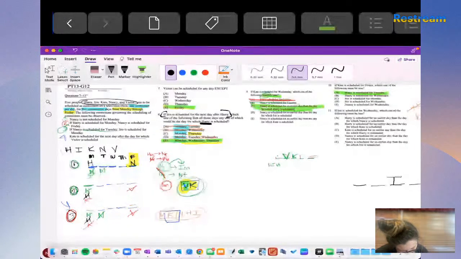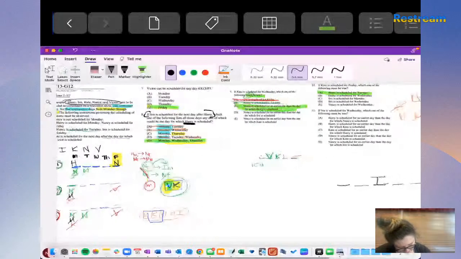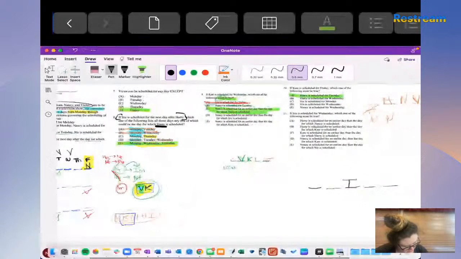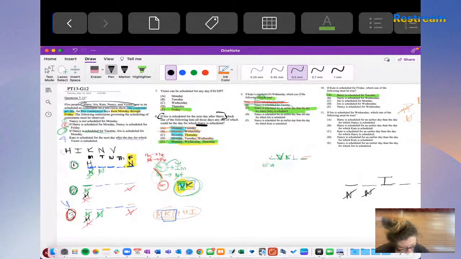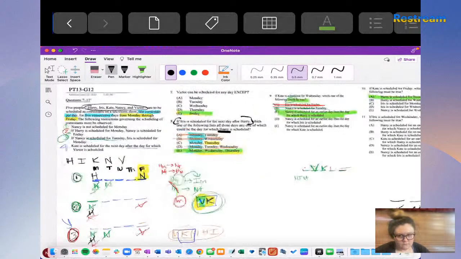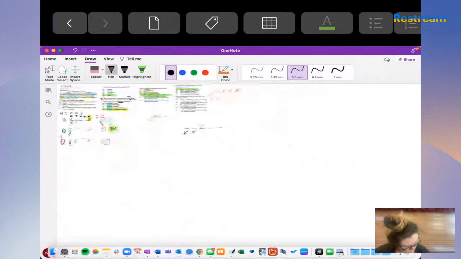If N is for Tuesday, I is for Monday. If I is not for Monday, N is not for Tuesday, so we know this is not N. Which, if we have to have V and K together, that means this is going to be V and K, and then we're going to have N and H over here somewhere.